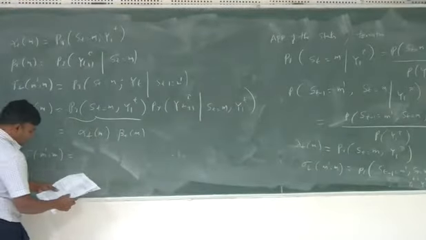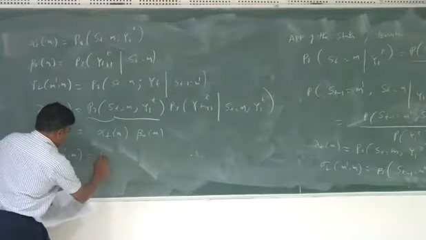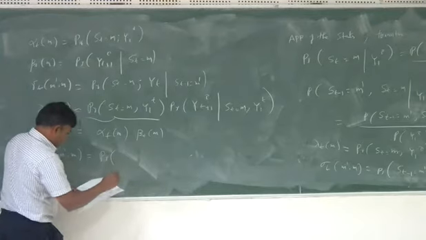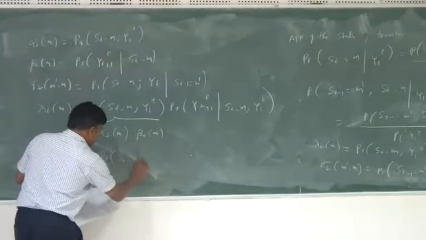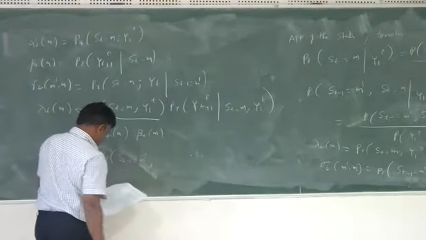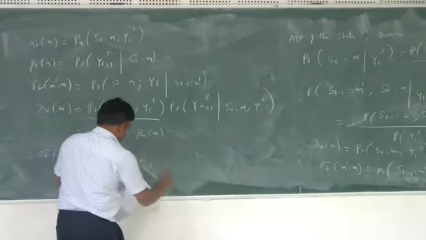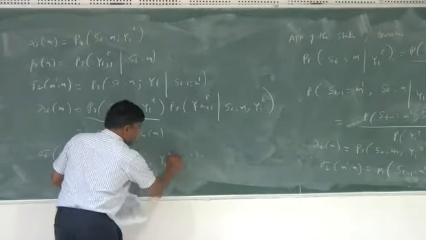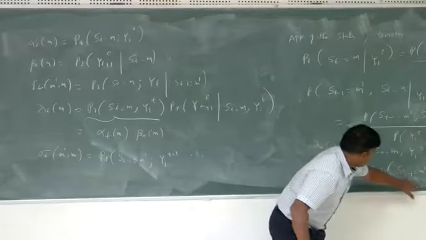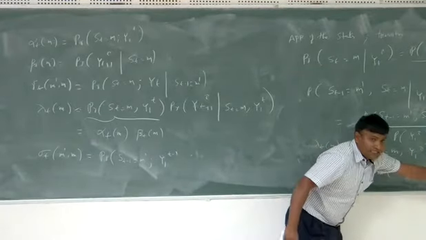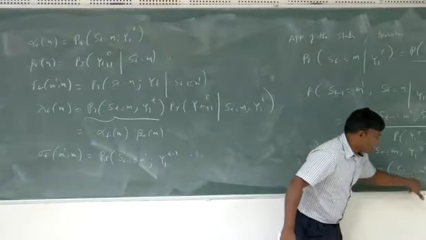That will be the first part, probability of st minus 1 equal to m prime, joint probability, and y 1 to t minus 1. So I have taken these two, and the rest of it is only these two.